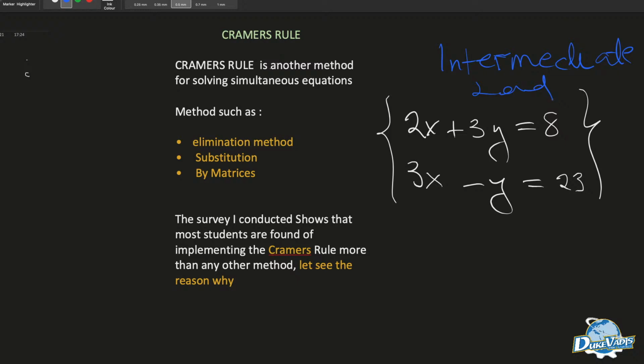Cramer's rule is another method for solving simultaneous equations, even though we have methods such as the elimination method, substitution method, matrices, and so on. I realized that most students preferred using Cramer's rule after taking them through all the methods.